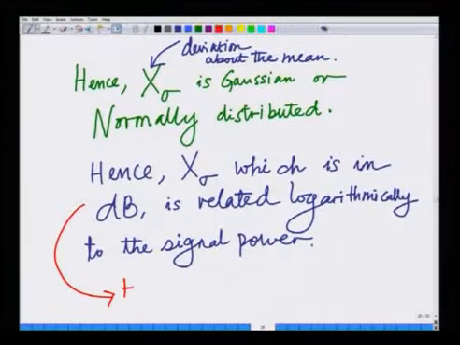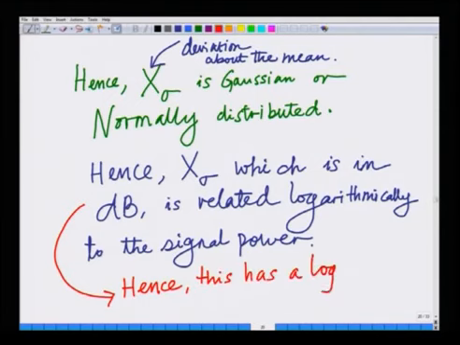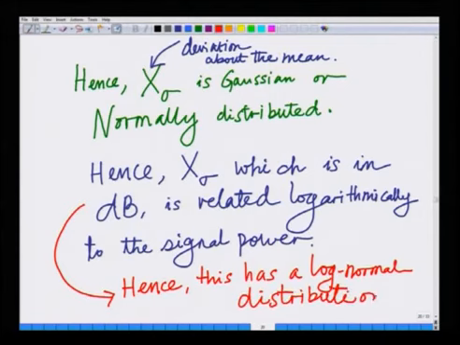Hence, this has a log normal distribution.